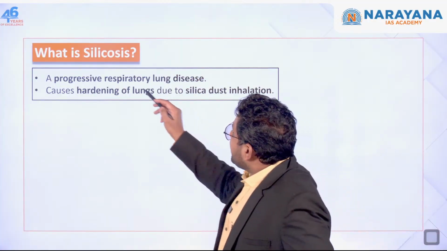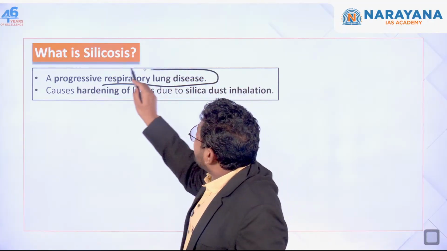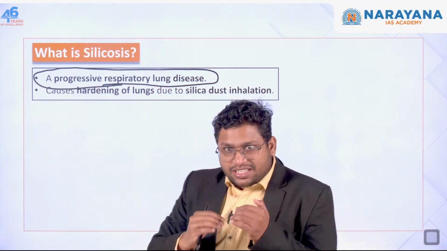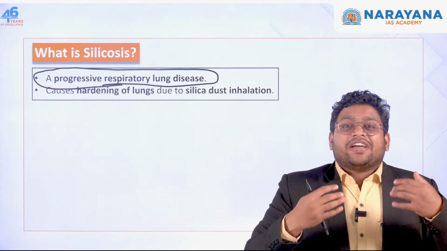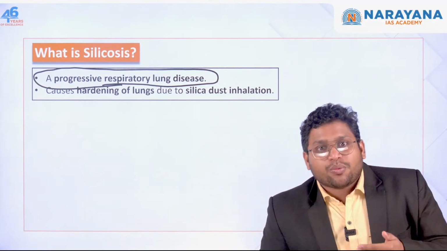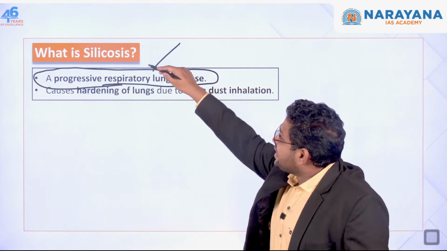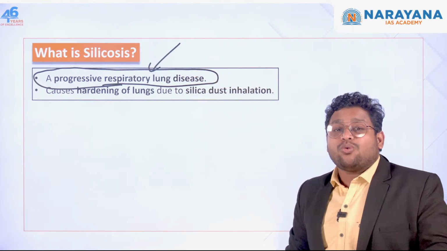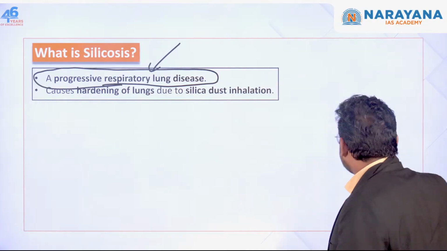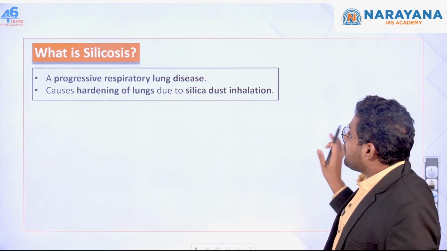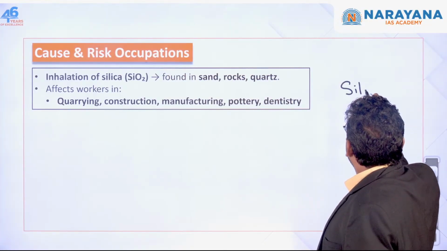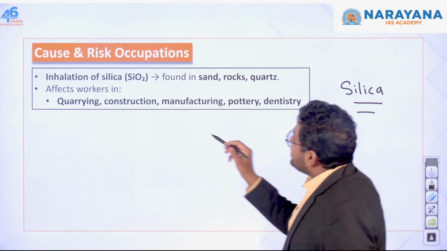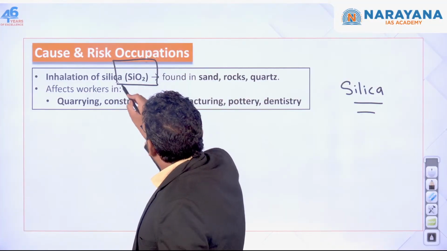So you see, it's a respiratory lung disease and it's a progressive disease. With time, it is going to become a very dangerous disease for your body, for the respiratory tract. Now, why a person faces this particular problem is because of something called silica, or to be more specific, SiO2.